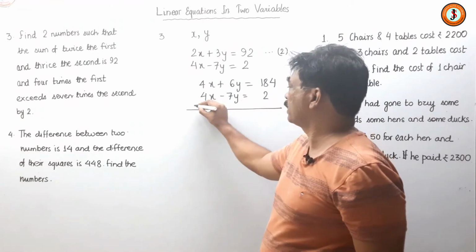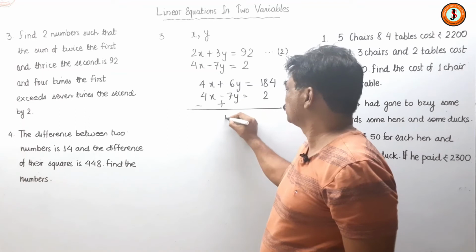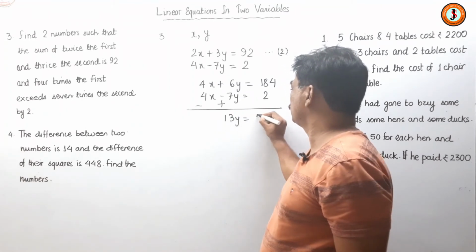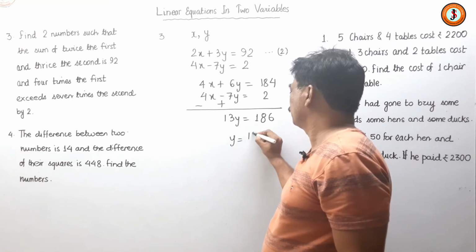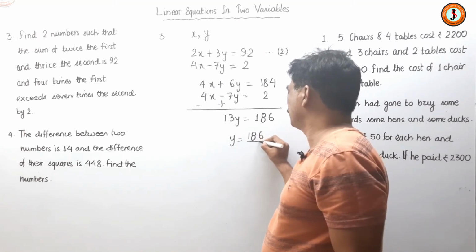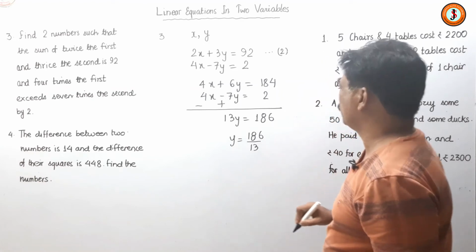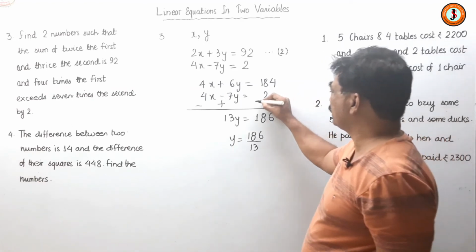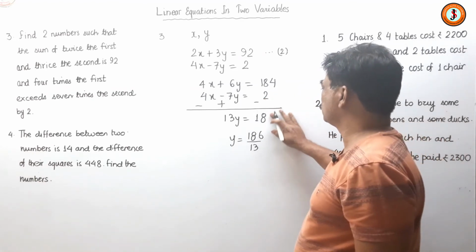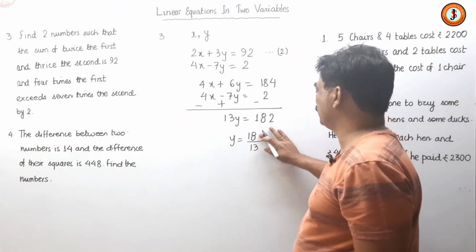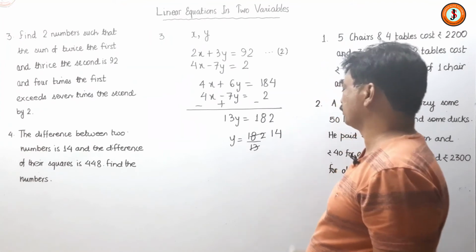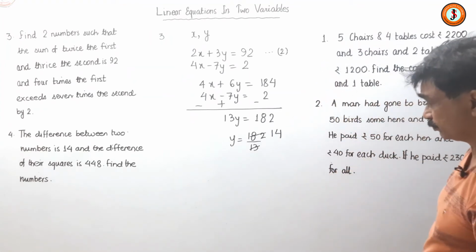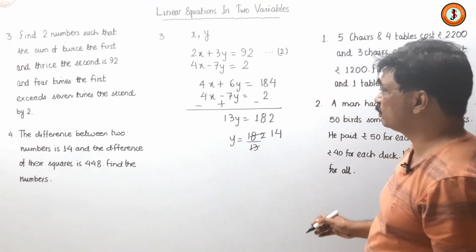Now I subtract, so this is plus, so 7 and 6, 13y is equal to 186, y is equal to 186 by 13. Let us see. Okay, this will be minus, isn't it? This will be minus, so it will be 182. So 13 ones are 13 and 13 fours are 52, so we get y is equal to 14.